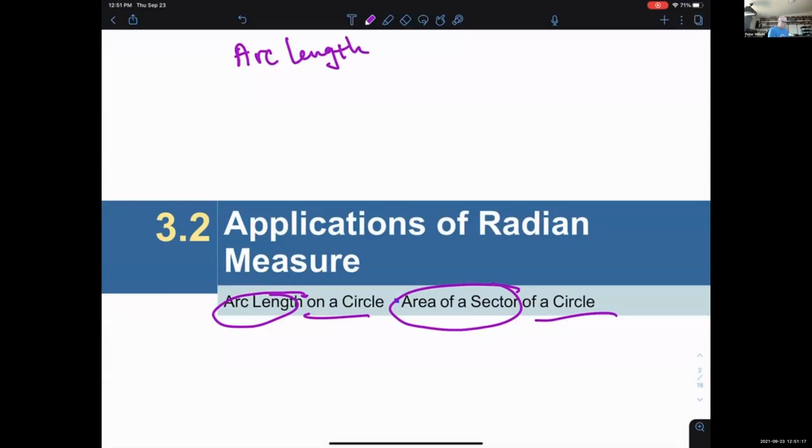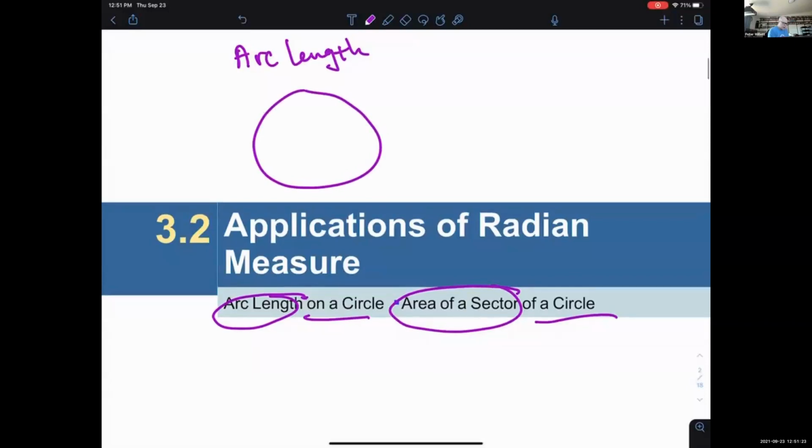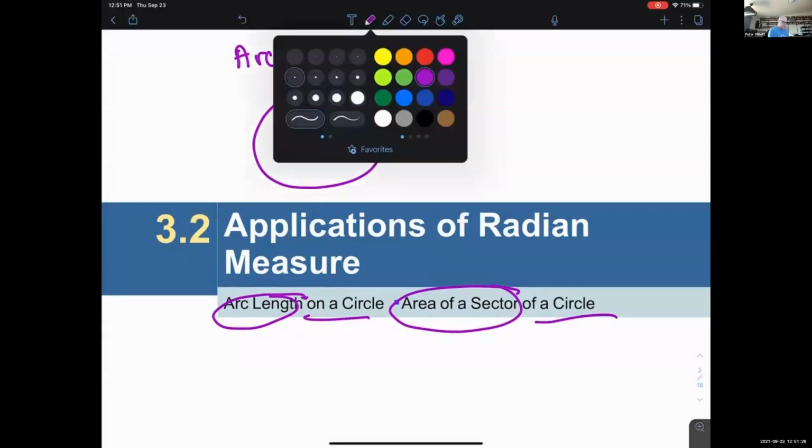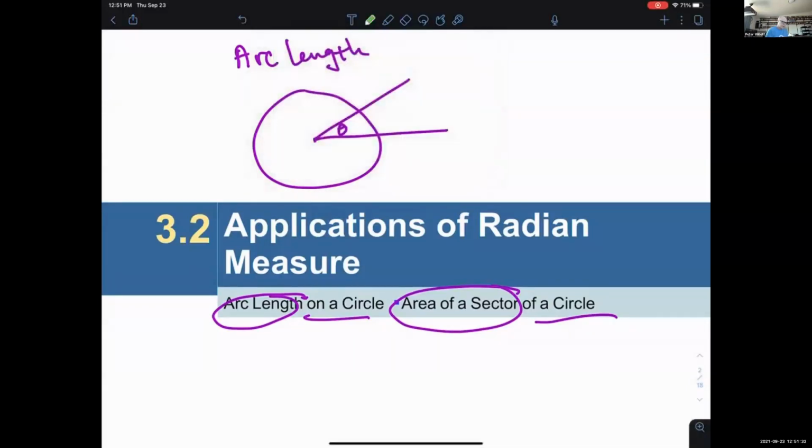So what does arc length mean on a circle? It means that if you have an angle in a circle, as we've been drawing a whole bunch of times now, we'll say theta, then the arc length refers to the part of the circle within that angle, and specifically the length of that part of the circular arc.